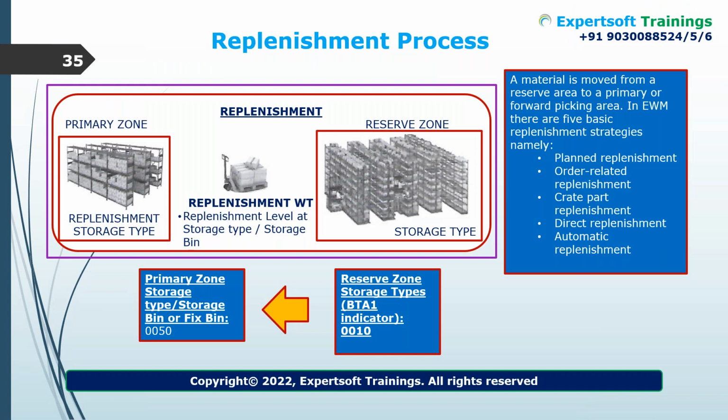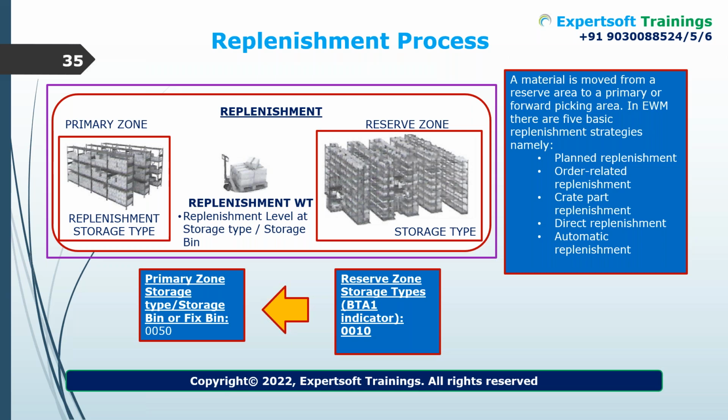There is a replenishment process, where you move your material from your reserve zone to your primary zone. The primary zone is your picking area where you pick your product and send it to the customer, but that is not a bulk storage location. You cannot store 1,000 quantity of one product, because then there would be no space for other products.